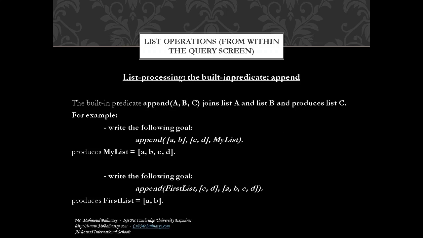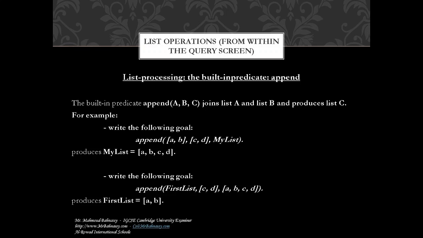Okay, list operations. Let's see some of the operations that can be done on the list in Prolog. Suppose that we have to join two lists together to create a new list. This operation is called append.